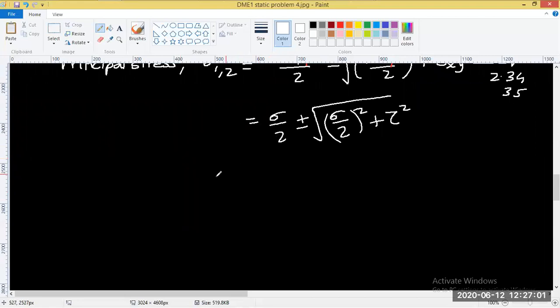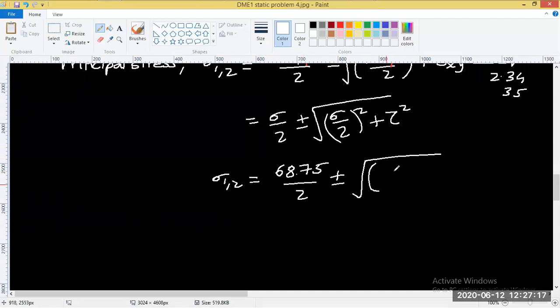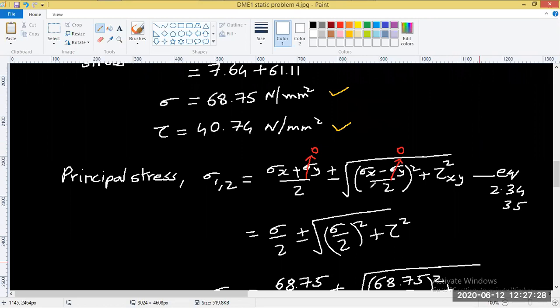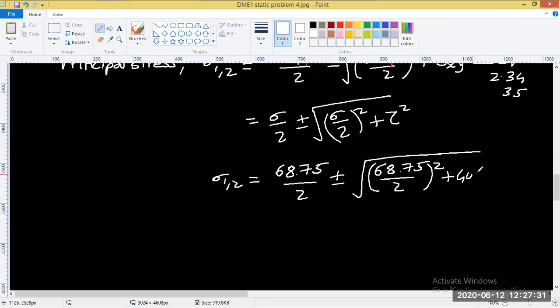So now you can just go for substitution. So sigma 1 comma 2 is equal to 68.75 by 2 plus or minus square root of 68.75 by 2 the whole square plus tau square. Tau was 40.74 square.